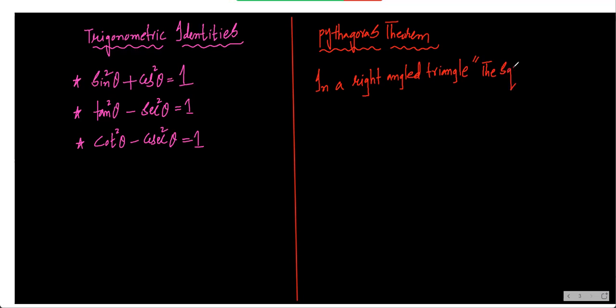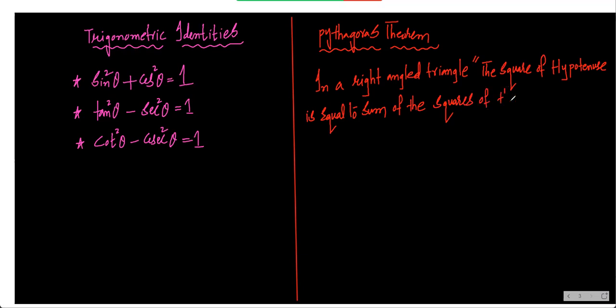The square of hypotenuse is equal to the sum of the squares of the other two sides. ये किसका स्टेटमेंट है? पाइथागोरस थ्योरम स्टेटमेंट.